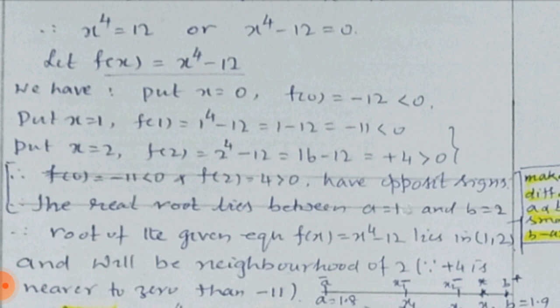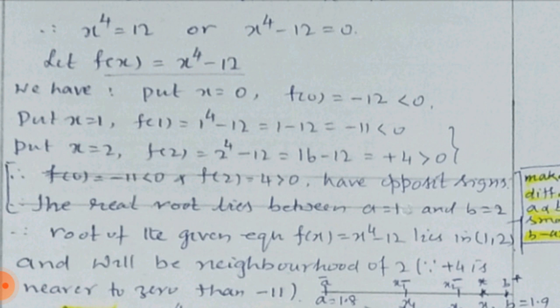It is negative. Put x is equal to 1. F of 1 is equal to 1 to the power of 4 minus 12 is equal to minus 11. It is less than 0. Put x is equal to 2. F of 2 is equal to 2 to the power of 4 minus 12 is equal to 16 minus 12 is equal to 4, greater than 0.